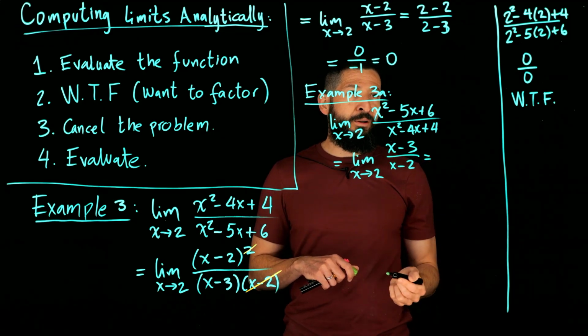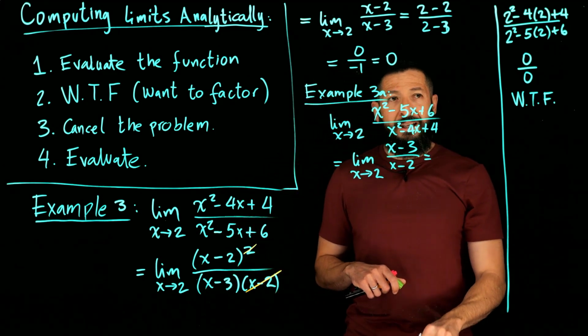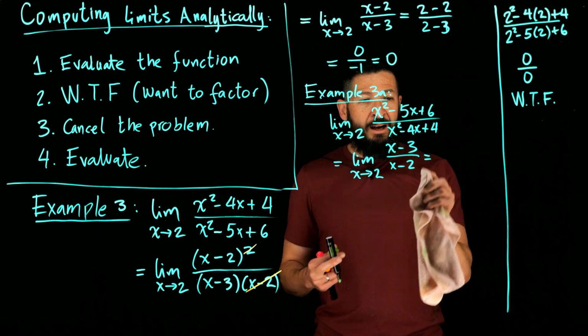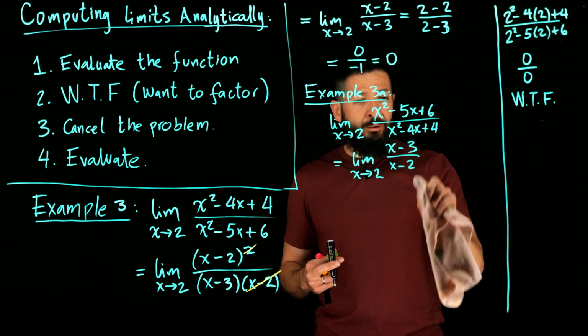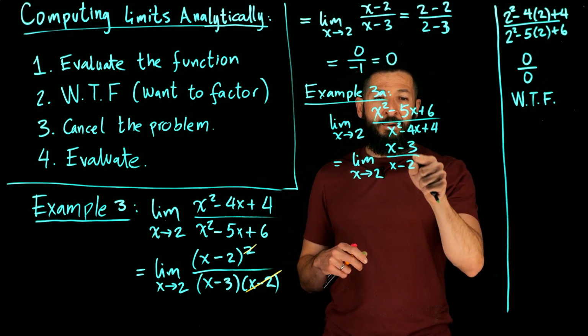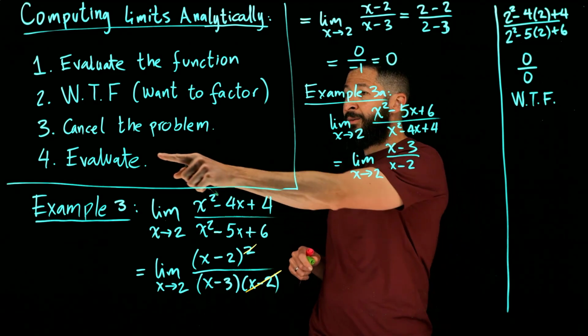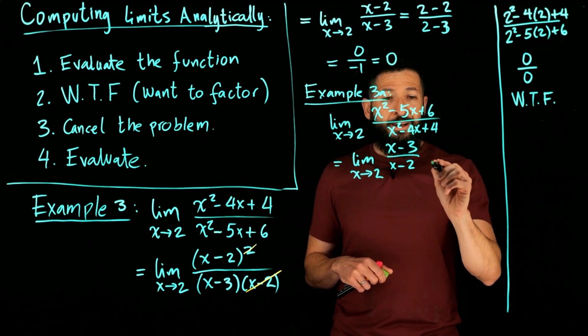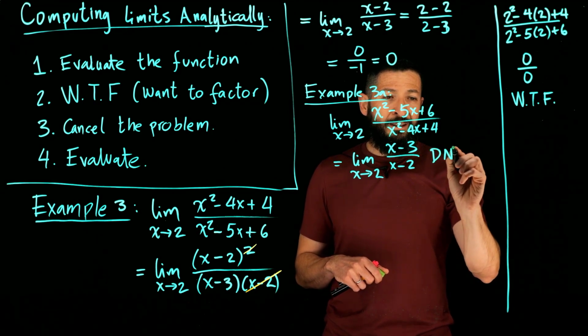Well, at this point you say, well, the limit is not even equal to anything. You simply say the limit does not exist. Because you're going to get negative 1 over 0 when we evaluate. So this is going to be that the limit does not exist.